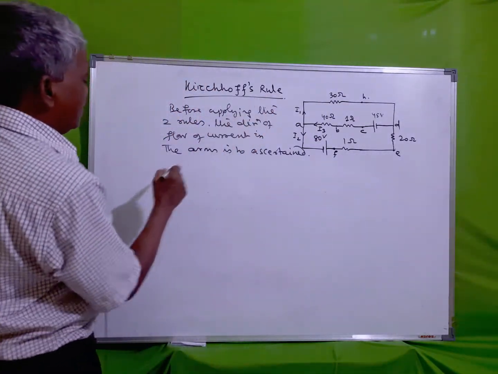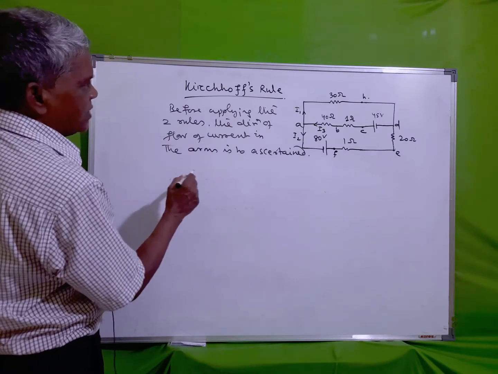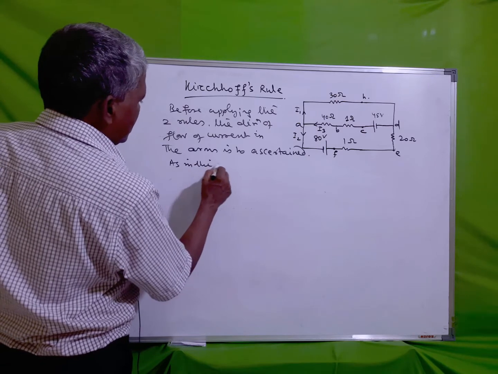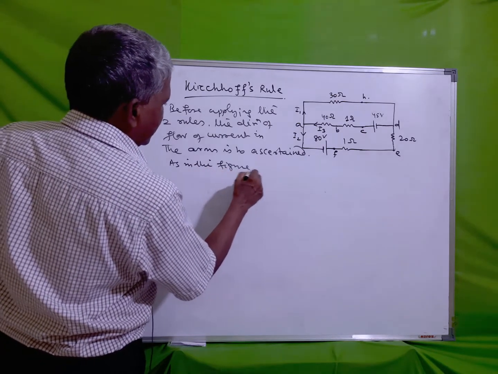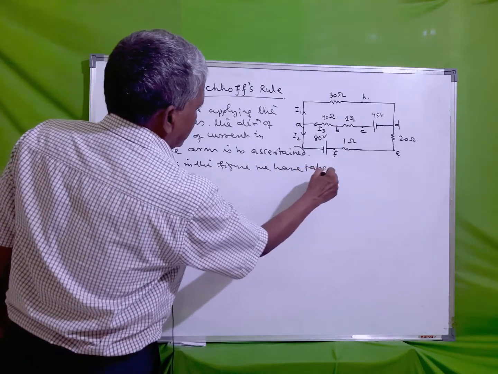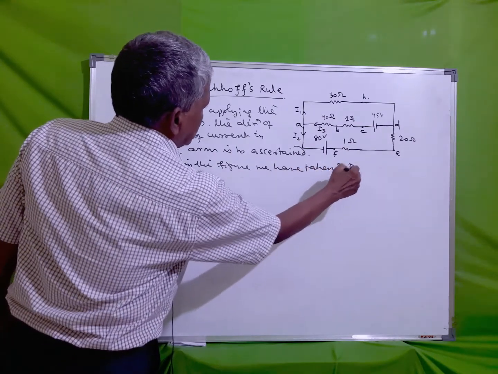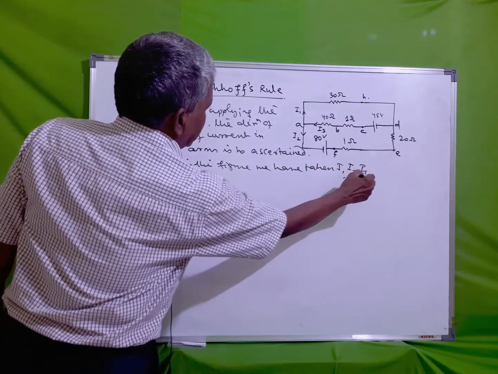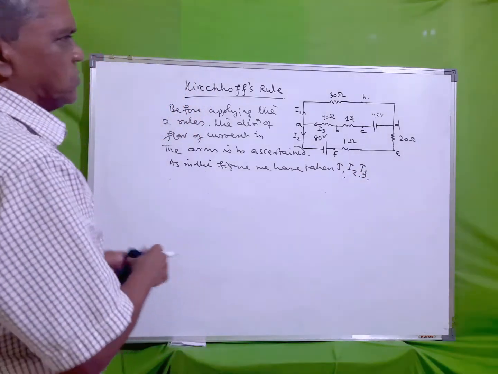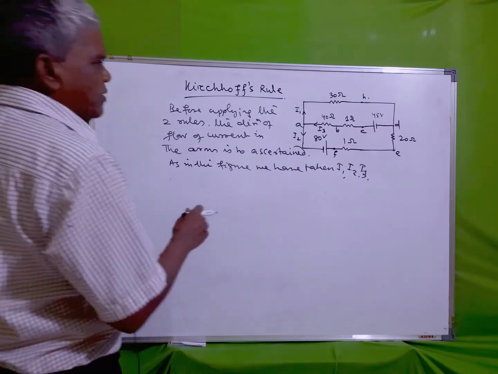As in the figure, we have taken I1, I2 and I3 in the various arms according to the sources, 45 volt and 80 volt.